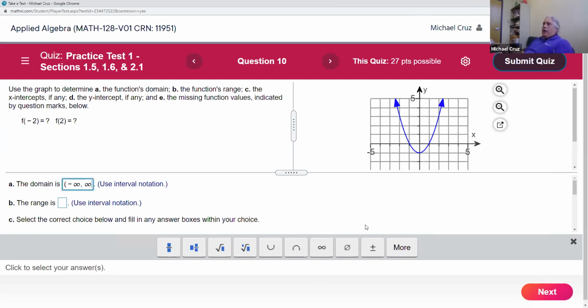All right, now the range. We can forget about the x-axis now and just look at the y-axis. Hopefully this one might be a little bit easier, because what's the lowest point on the y-axis? It's right here, isn't it?